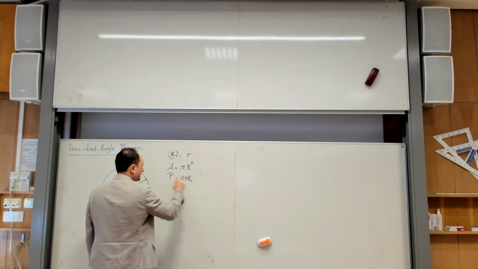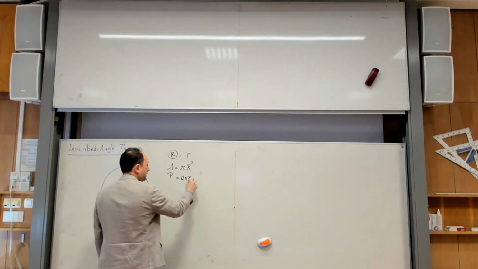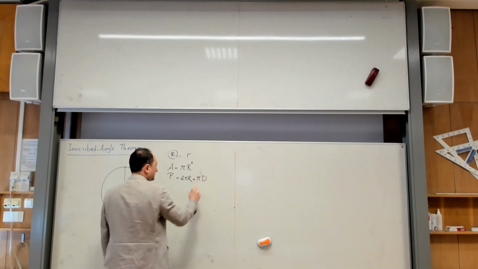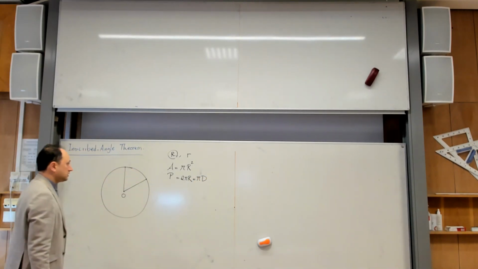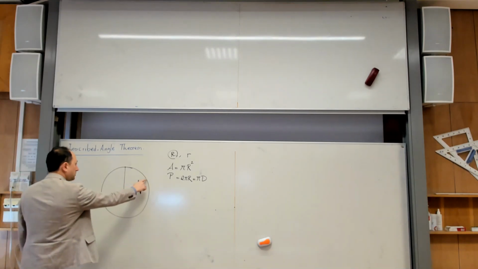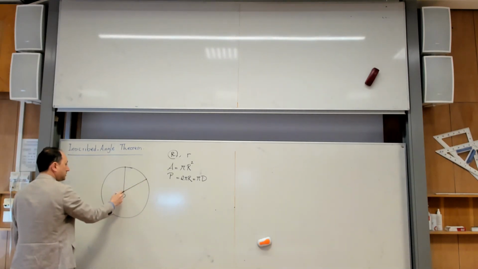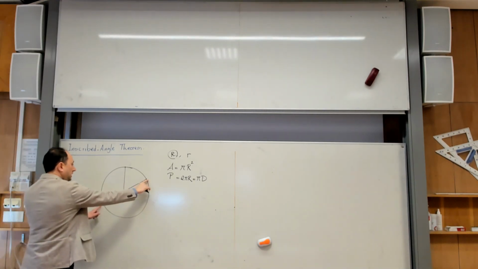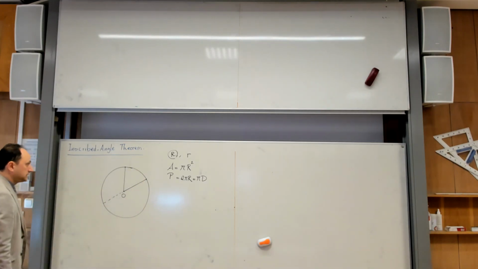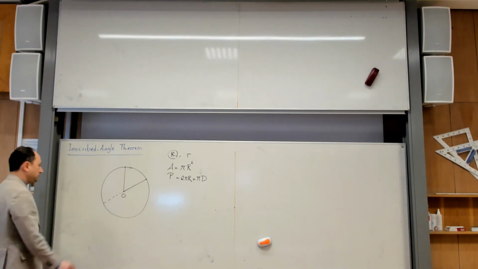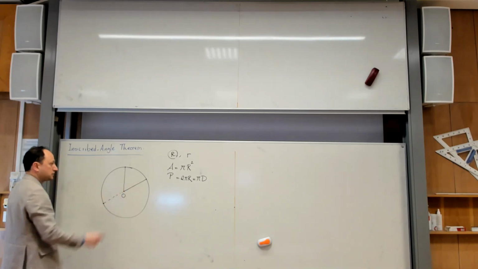And then you know that 2 times the radius is called the diameter of the circle. From here to here is one radius. If I continue it, the whole length is a diameter, and that diameter is actually 2 times r.